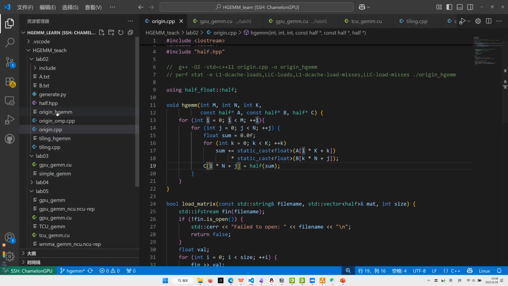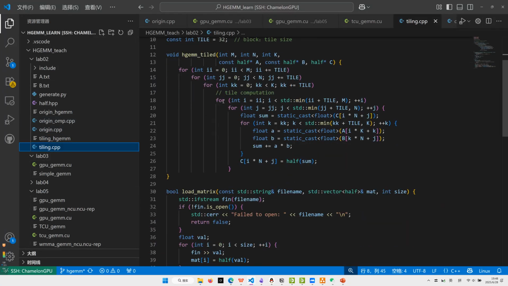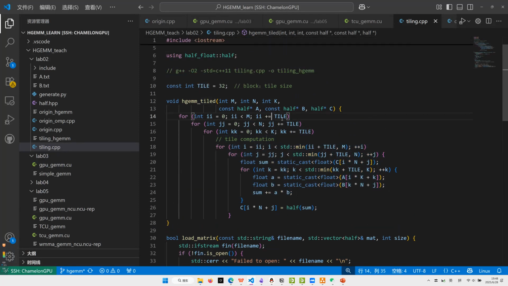And another one is the tiling. Here each loop adds a tile. The tile means one block inside the matrix. And then inside one block, you calculate the computation.